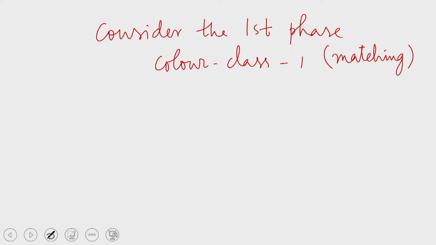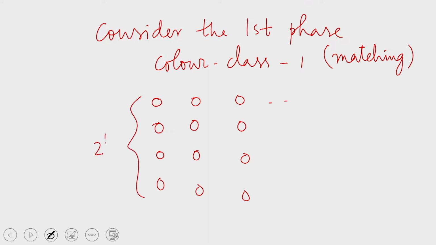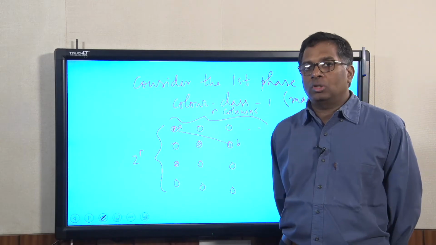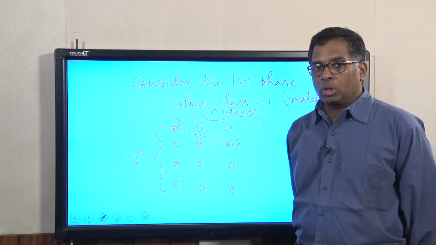So now if you consider a wrap butterfly, if I do not draw the edges, what we find is that there are 2 per r rows and r columns. Now the situation that we have is this: we have a message sitting at each vertex. If this is A and this happens to be B, there exists an edge between these two in graph G, but this edge is not present in the butterfly network.